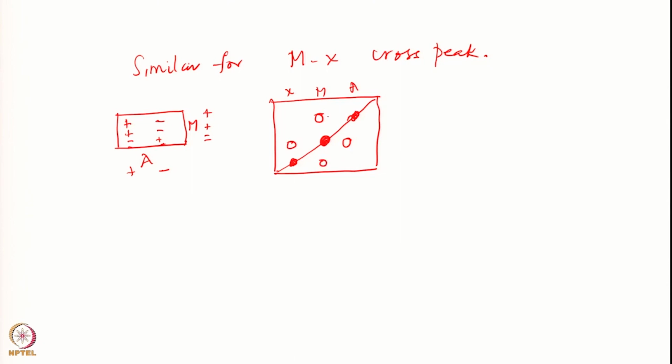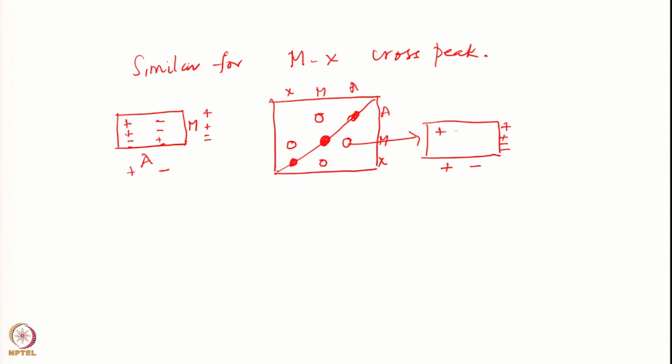So I showed you the structure for the AM cross peak, where A was on this side, M was on this side. In this case is the case I have shown here, and this is M. So this side is plus plus minus minus, this is plus minus.